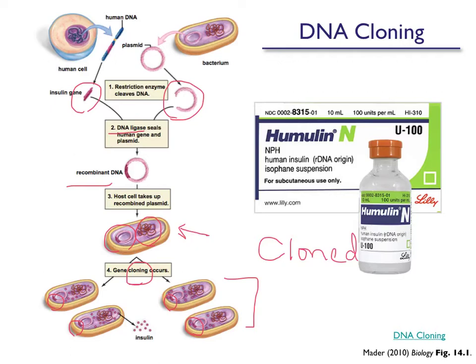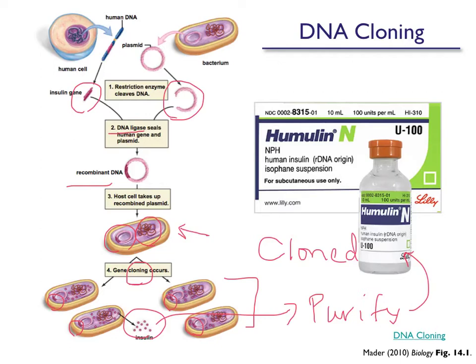Not only will these genes be replicated along with the host DNA, but they'll also be transcribed and translated to produce insulin. Using biochemical methods, then you can extract and purify that insulin, and once it's purified, it's the human insulin protein, and it can be packaged up and then marketed for those who have diabetes and need to have insulin injections.